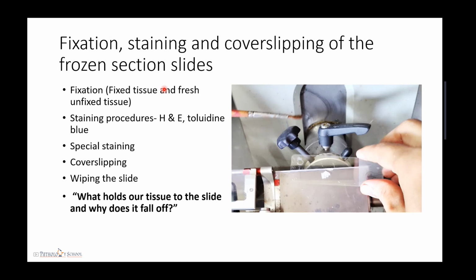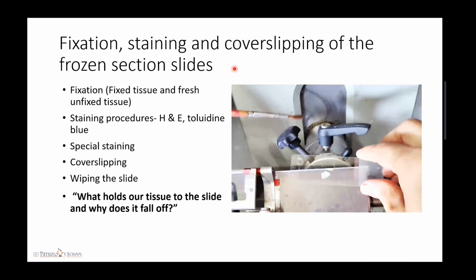Now coming to fixation, staining, and cover slipping of the frozen section slides. The section which we are taking using the cryostat is at a lower temperature, and the glass slide which we are using is at room temperature. Also, the section is a fresh section, so because of the proteins and everything, it is charged, so it easily adheres to the glass slide.